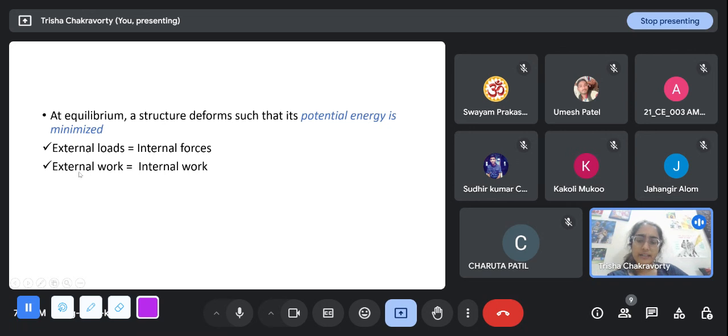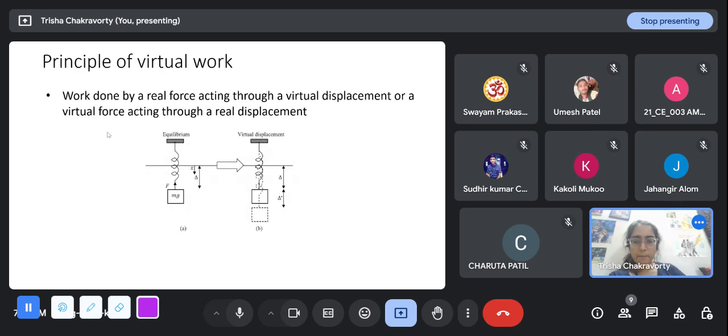All the external loads can be in different directions. There can be moments. So when we say force, we actually mean force and moment both. The resultant of the external forces, loads and moments acting on the body will be equal to the resultant of the internal forces, and the external work will be equal to the internal work.